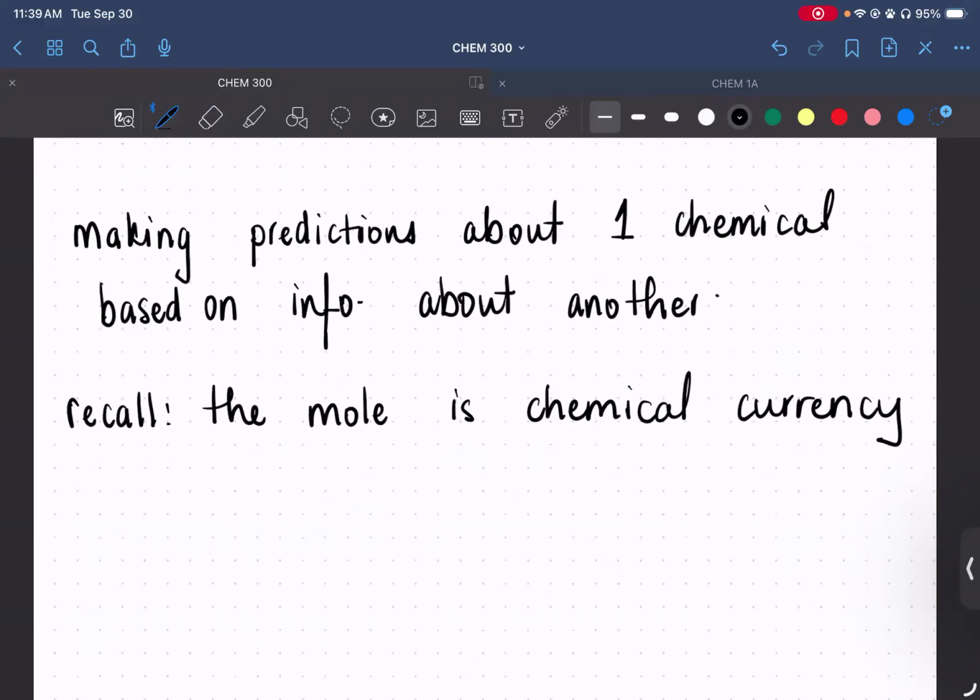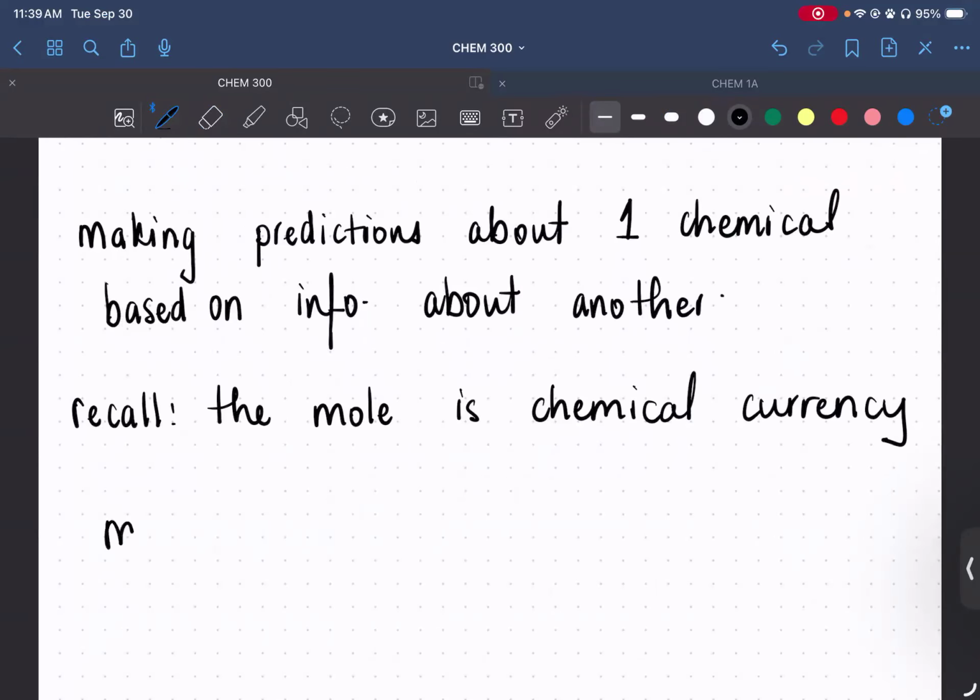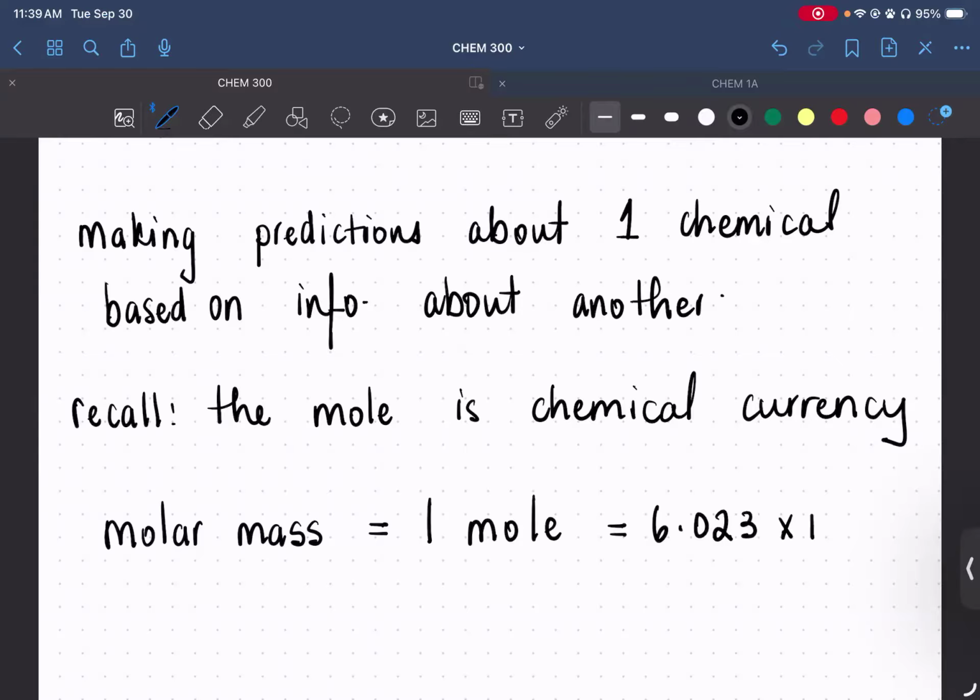Way back when, we also covered that the molar mass of anything is equal to 1 mole of anything. We similarly said that 1 mole of anything was also equal to Avogadro's number, 6.023 times 10 to the 23 atoms or molecules.